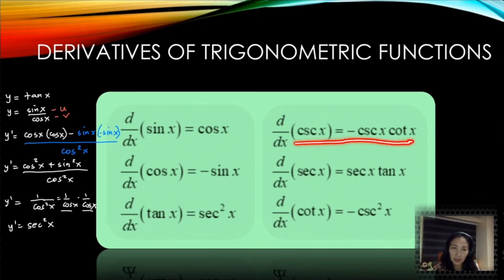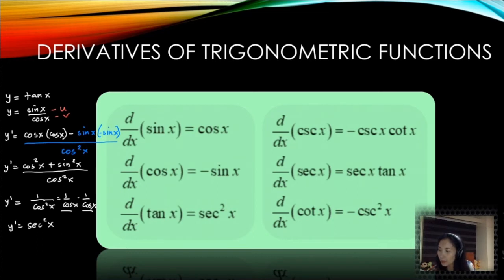You can also prove or verify the derivative of cosecant x by expressing cosecant x in terms of sine. So it will be y. So let's have this one then.